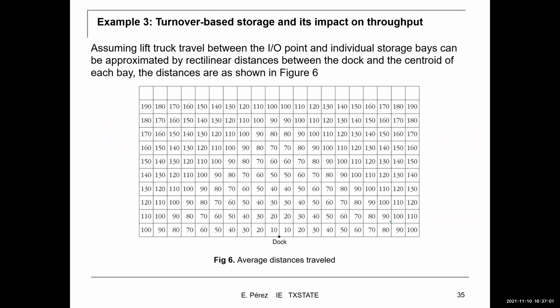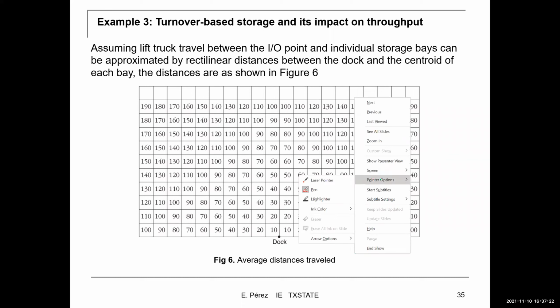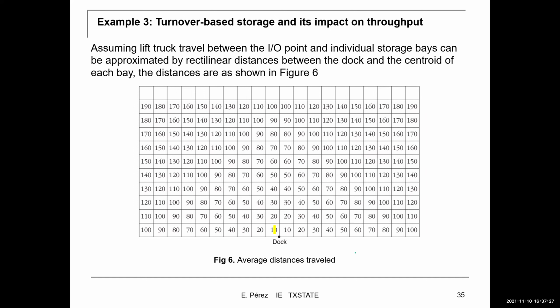So assuming that a lift truck travel between the input-output point and individual storage spaces can be approximated by rectilinear distances between the dock and the center of each bay. The distances are shown in this figure. So you see, you are close to the dock. Right? You have a small distance.